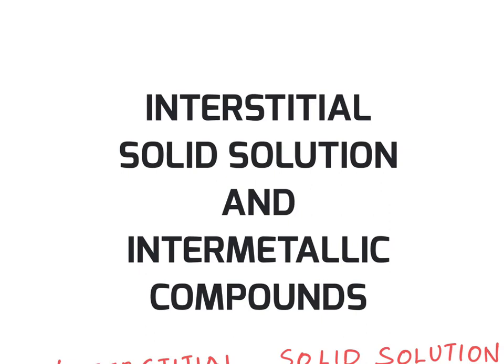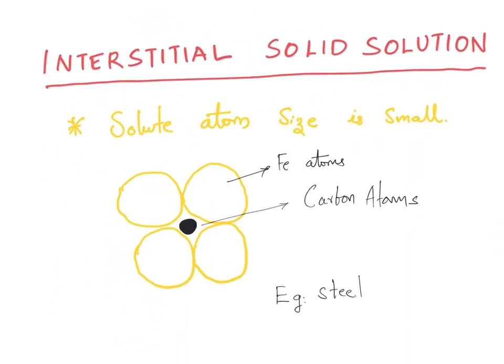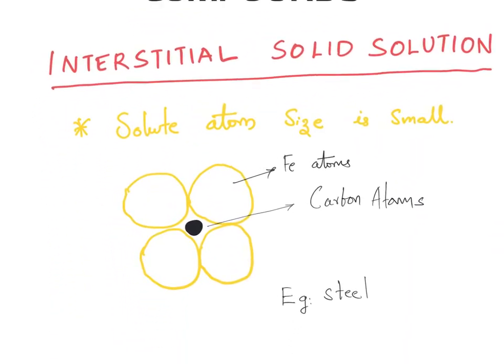In an interstitial solid solution, as the word indicates, the solute atom will be so small compared to the solvent atom. One good example for an interstitial solid solution is steel. Steel is an alloy of iron and carbon.